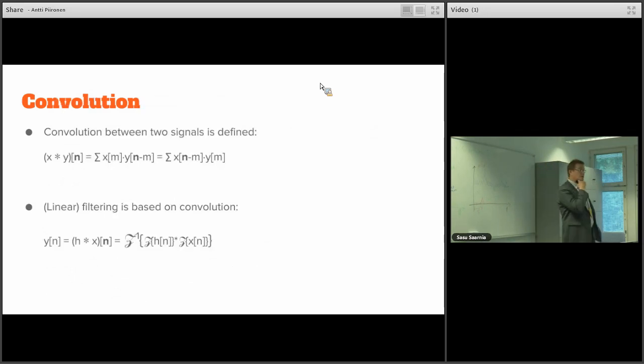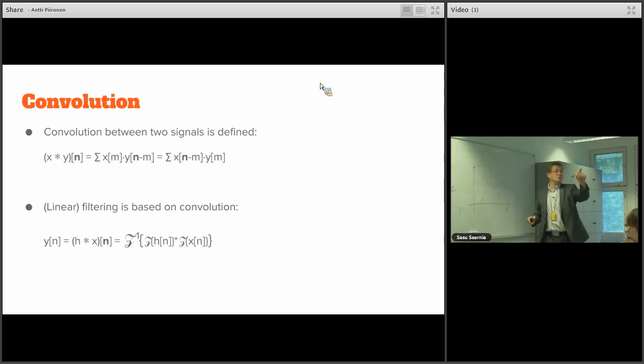Another useful tool, and not just kind of, since convolution is fundamental, it's the basis for any digital filtering. So convolution between two signals is defined like that. The correlation was somewhat similar, but there both of the signals are going the same way time-wise.